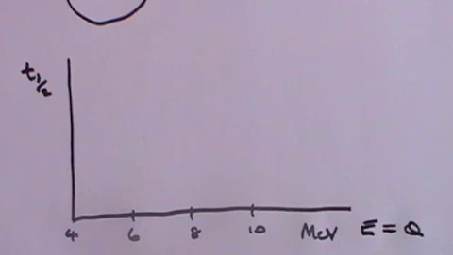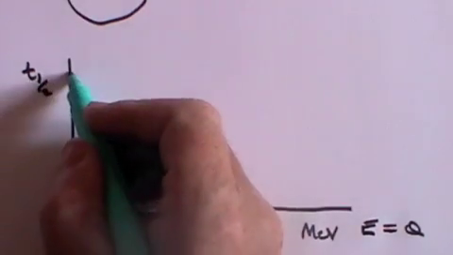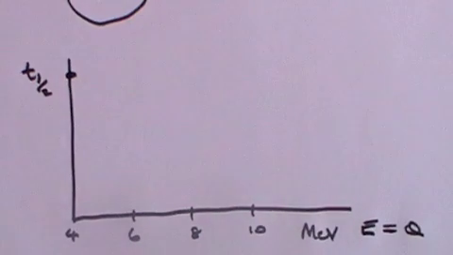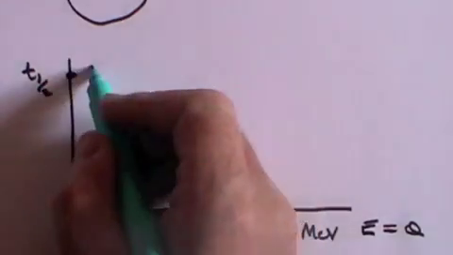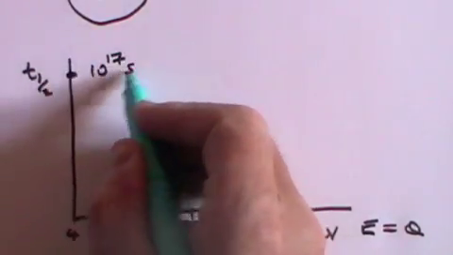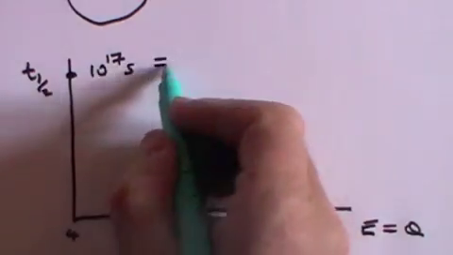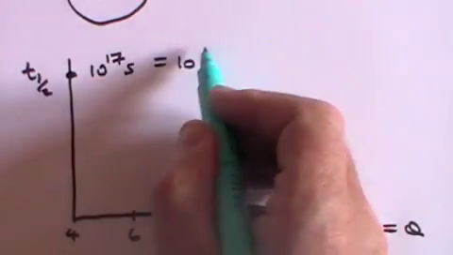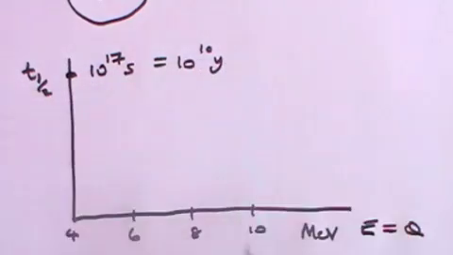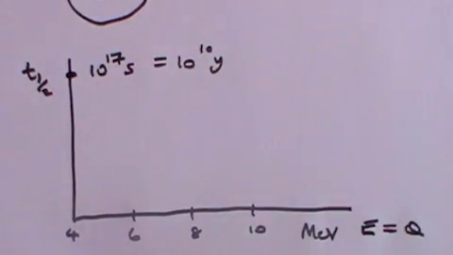If the energy is 4 MeV, then typically the half-life for a 4 MeV alpha particle is of the order of 10 to the 17 seconds, which is broadly equivalent to 10 to the 10 years, which is broadly the age of the universe. The age of the universe is about 13.7 billion years, so 10 to the 10 is 10 billion years.